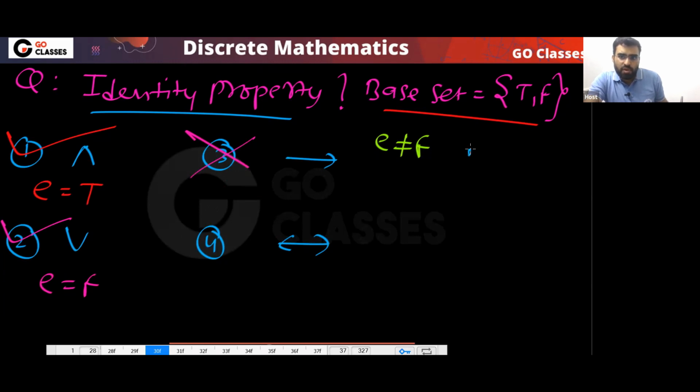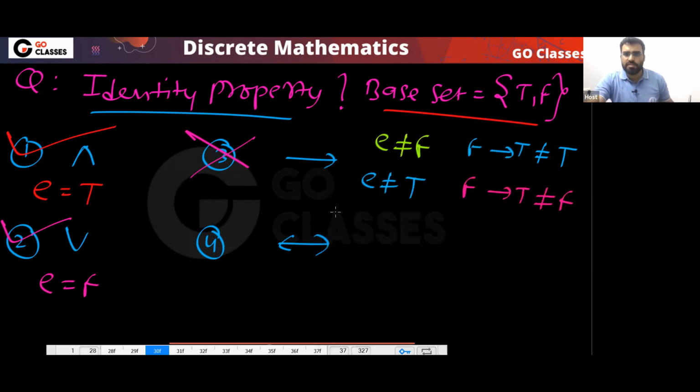Why? Because false implies A. For example, false implies true. This is not equal to true. Similarly, E is not equal to true. Similarly, identity element is not true. Why? Because you can notice false implies true, this is not equal to false. So this is the idea.